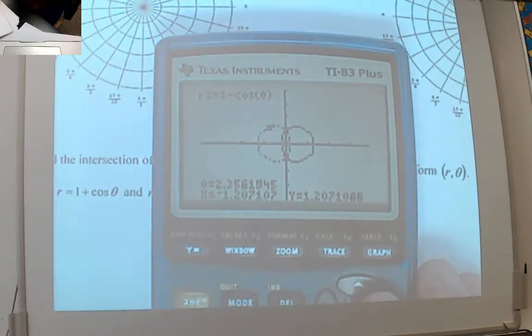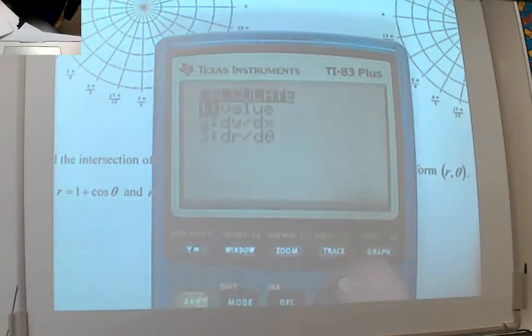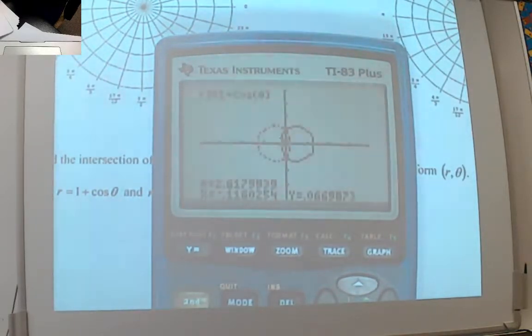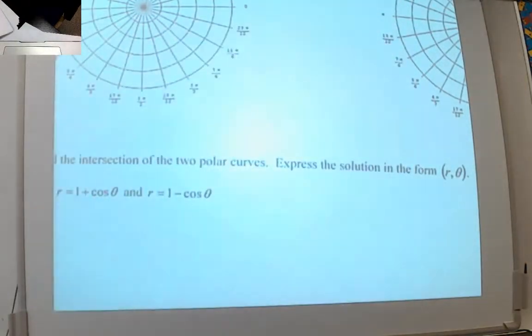No. If I went to second calc and went to dy/dtheta, it'll give me that value of where I'm at. Wow. You still have to do these by hand, but it's an easy way to check your answers. On a Casio, it looks like this.